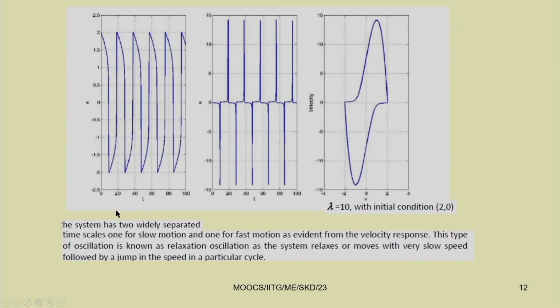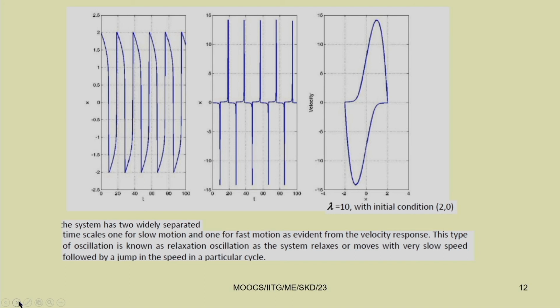For example, in this velocity diagram you can find two parts. In one part it is moving slowly, and in another part it moves with fast motion. So two time scales are there, one with slow motion and one with fast motion. These are known as relaxation oscillation.